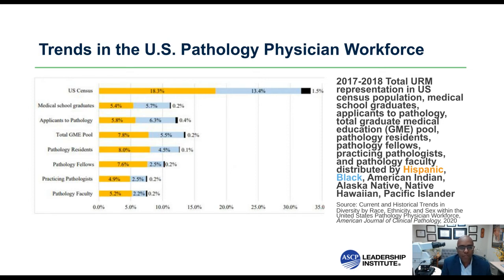And you can see from medical school graduates to practicing pathologists and pathology faculty, underrepresentation is very acute. None of those groups match their representation in the general society. And that's true for Hispanic, Black, and Native American. And that's from 2017-2018.